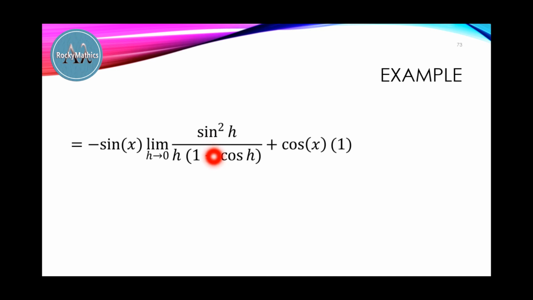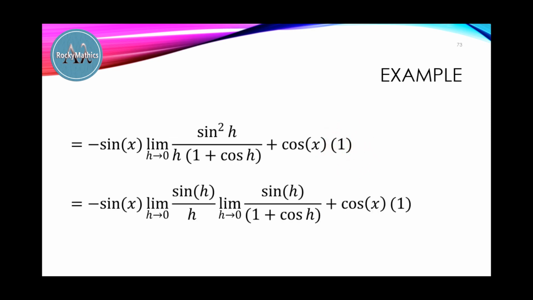So we have the negative sine x times the limit of this whole expression plus cosine x. In the previous expression, the limit of sine h over h is equal to 1, so we put 1 here. Moving on, take note that sine squared h over h times 1 plus cosine h can be written as sine h over h times sine h over 1 plus cosine h, plus cosine x times 1.